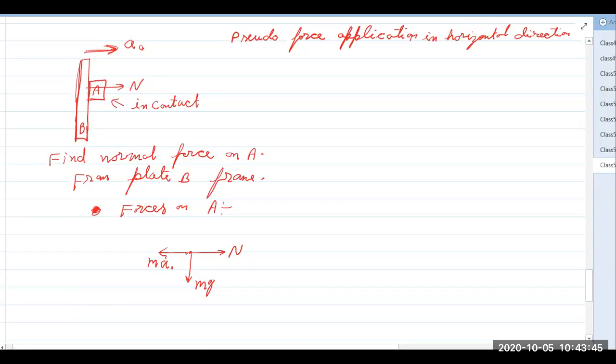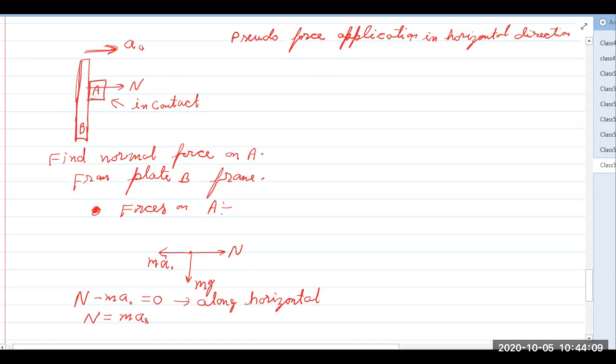There is no acceleration, so n minus ma naught equals 0 along horizontal. So n equals ma naught. This will be the value of normal force on block A.